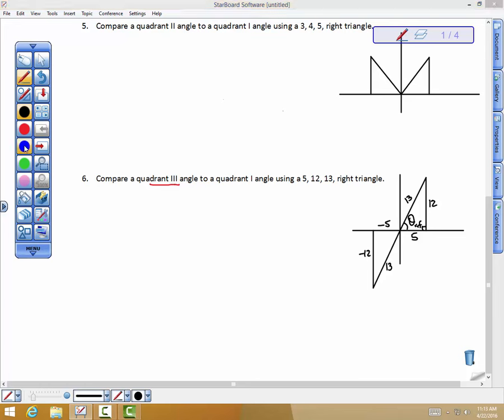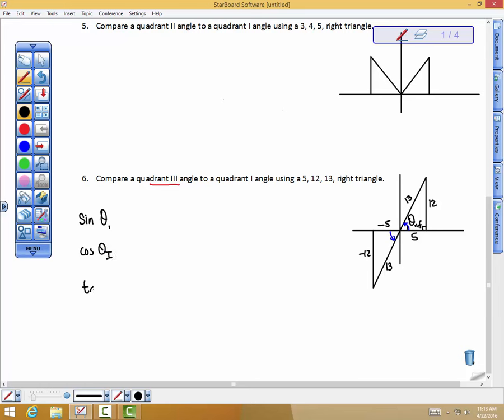I just would like you to notice again that this angle right here and that angle right there are the same size angles again. And so I want to go ahead and write the values for the sine, cosine, and tangent for the angle that's represented in the first quadrant.